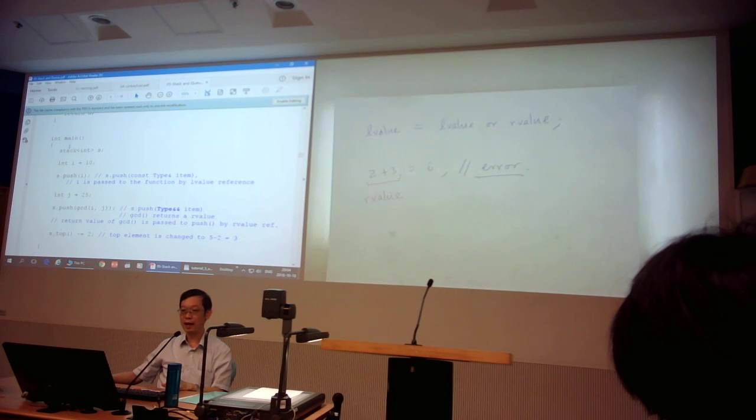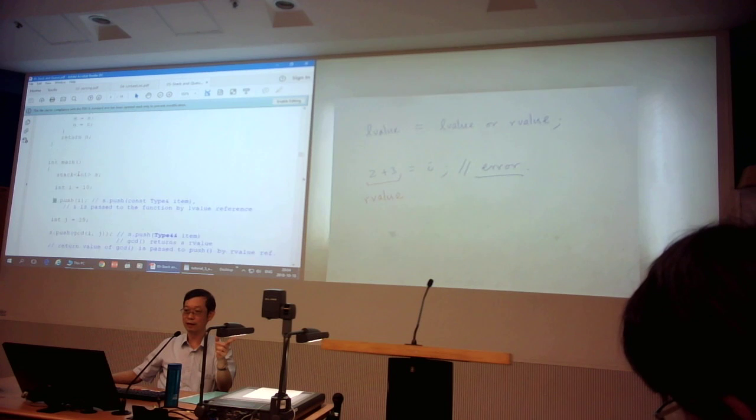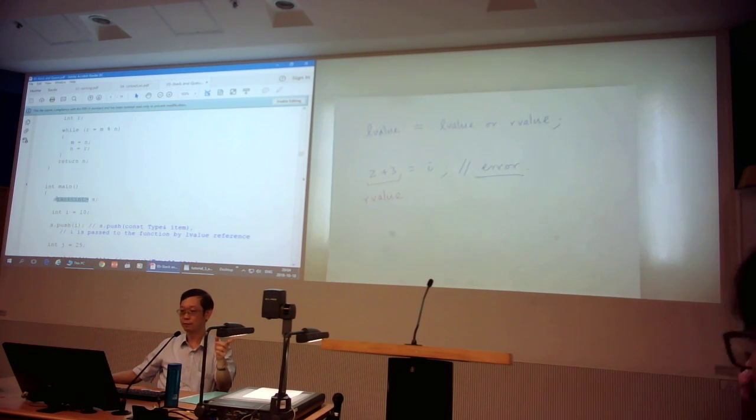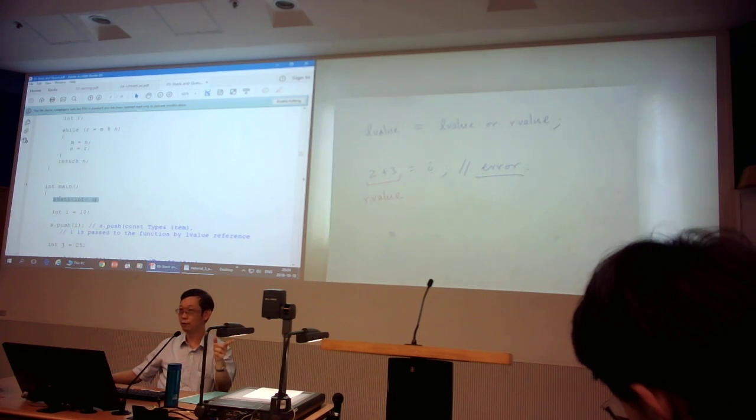Now, if you have a stack, let's say we have the variable I. When you say s dot push I, you push the value I onto the stack instance s. Now, s is a stack of integer.